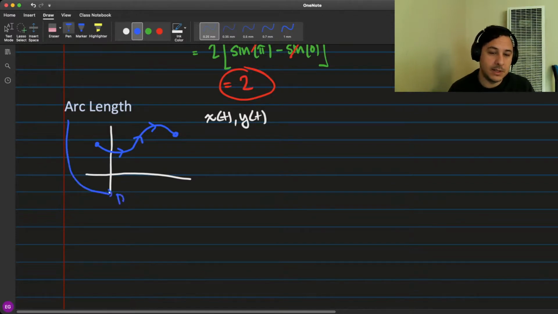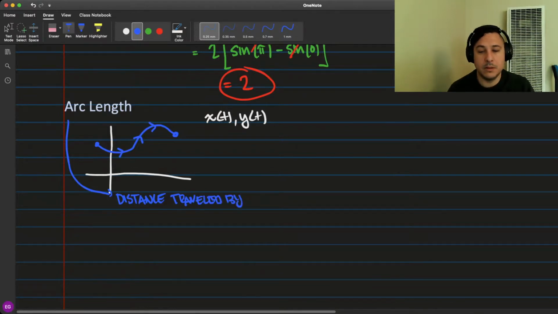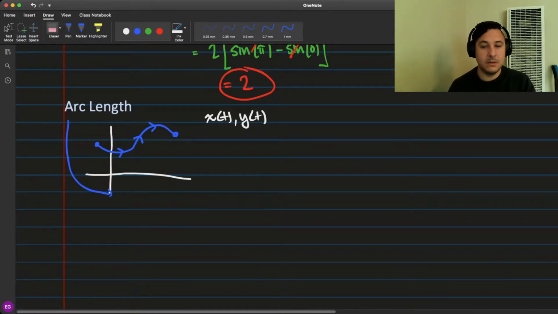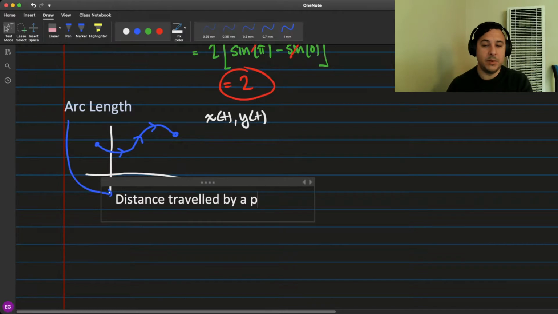So what you want is the distance traveled by a point. Actually, let me just type that down. We want the distance traveled by a point following the graph.